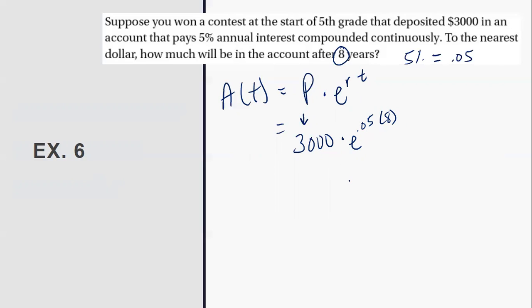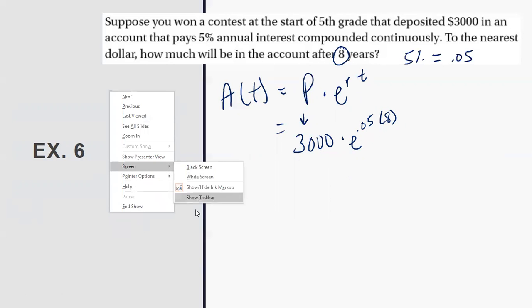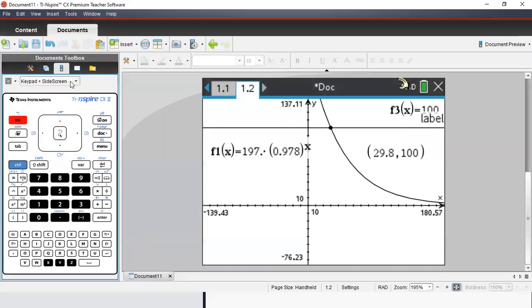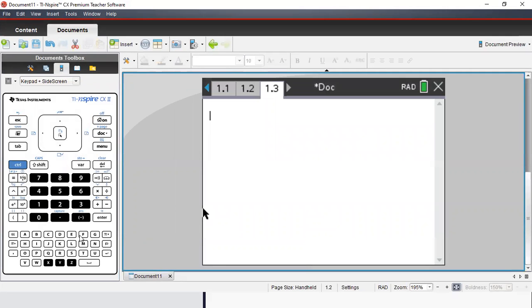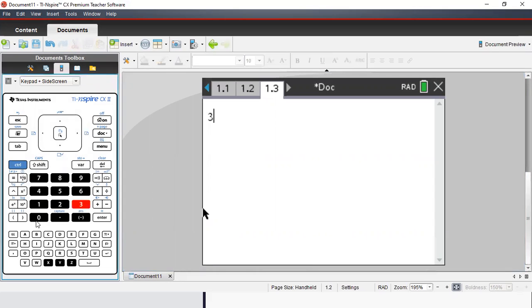So I'm going to go to the calculator. I'm putting in 3,000 times E to the 0.05 times 8, and I'm hitting enter. And this is where it would be.